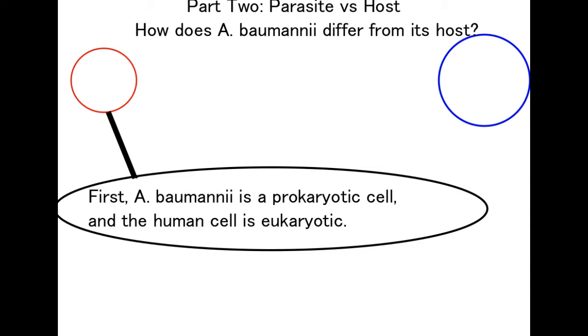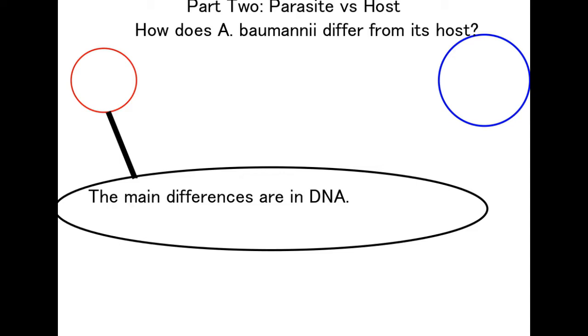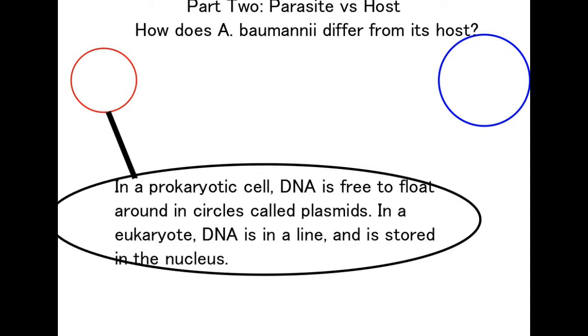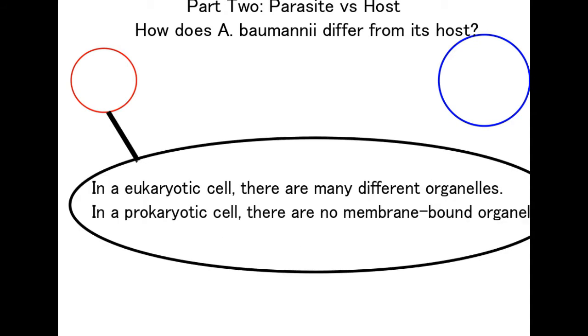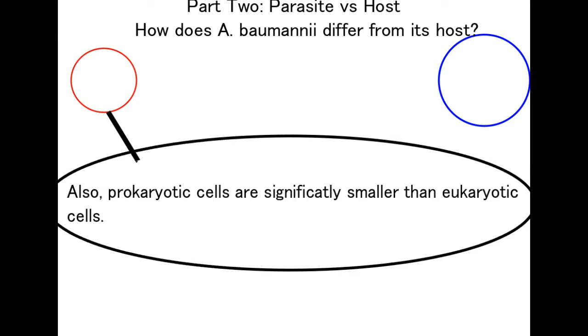The main differences are in DNA as well. In a prokaryotic cell, DNA is free to float around in circles called plasmids. In a eukaryote, DNA is in a line or linear and stored in the nucleus. In a eukaryotic cell, there are many different organelles. In a prokaryotic cell, there are no membrane-bound organelles. Also, prokaryotic cells are significantly smaller than eukaryotic cells.